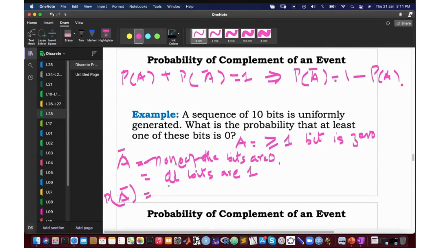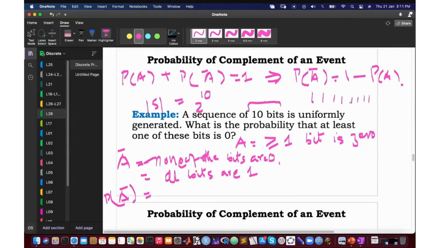1 over 2 raised to the power 10. So there are 2 raised to the power 10 possible bit sequences that you can generate, and each one of them is uniformly likely. So the size of the sample space is 2 to the 10, and there is only one combination where you get all ones.